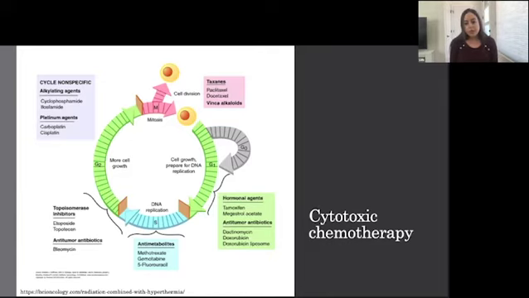This picture depicts where in the cell replication cycle each type of drug agent works. So for example, antimetabolites like gemcitabine primarily work in the S phase or DNA replication phase, whereas taxanes up at the top mostly work in the M or mitosis phase.